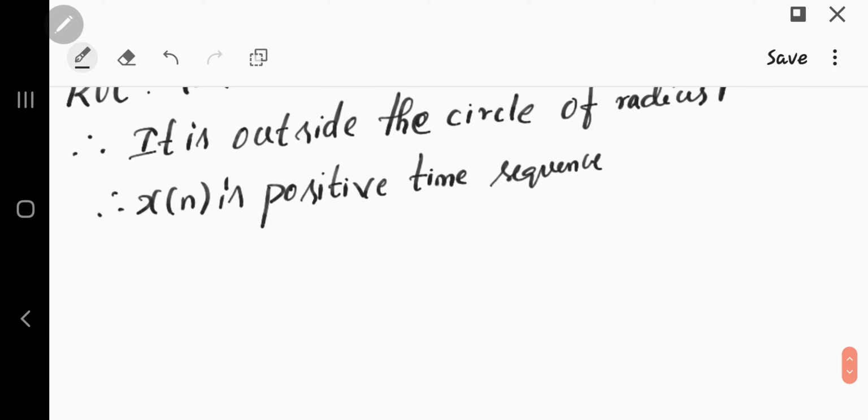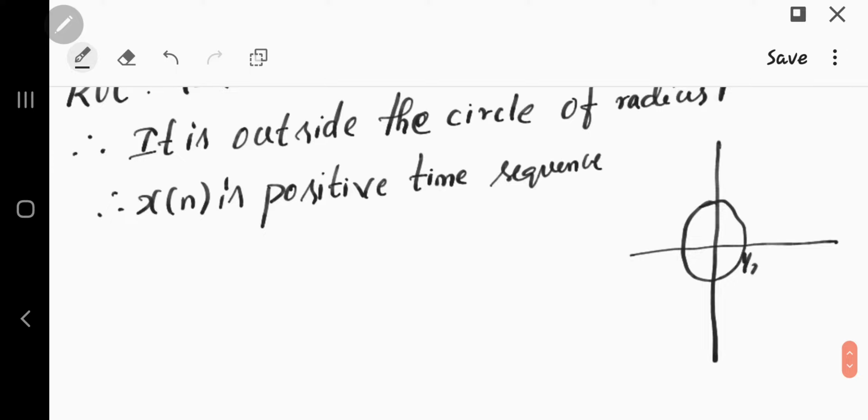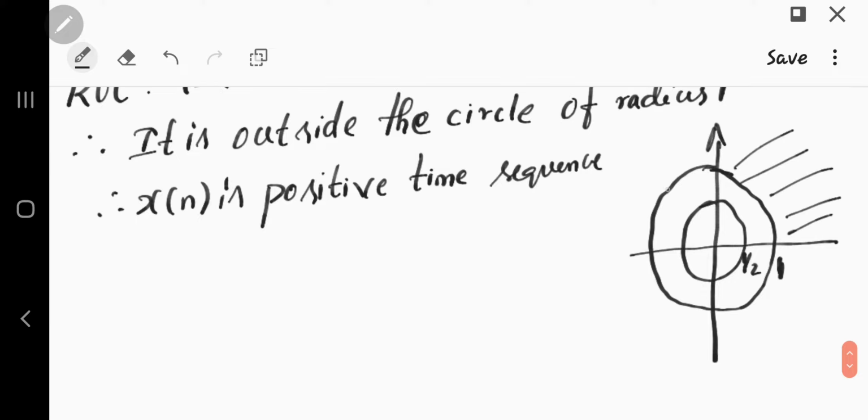Just to have clarity about this, here we have two circles, one with radius 1 by 2 and another one with radius 1. Now the ROC is greater than 1, which means it is outside this circle.